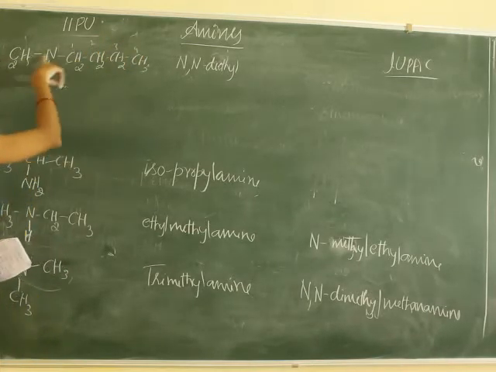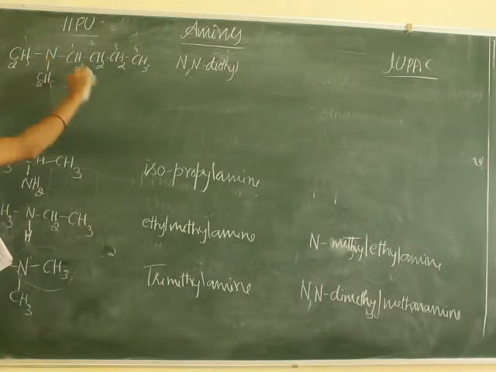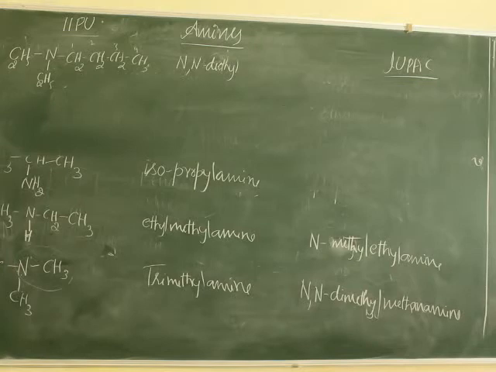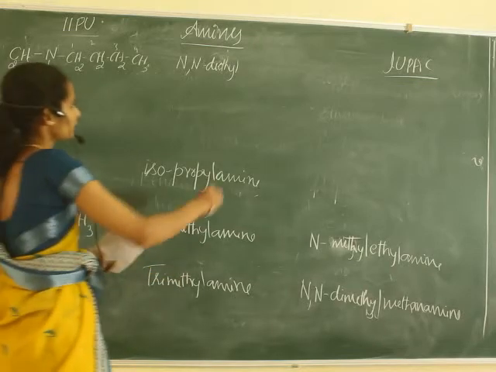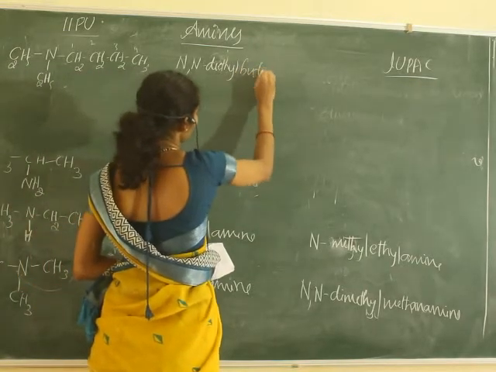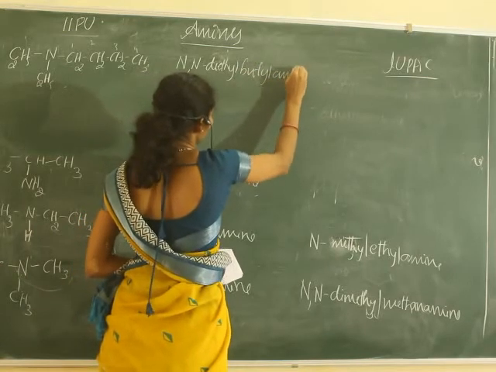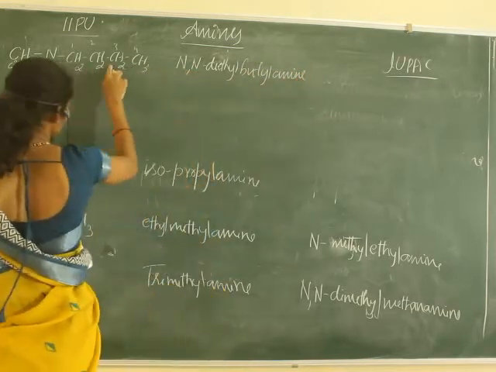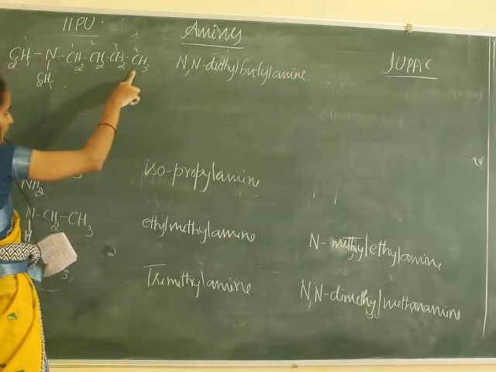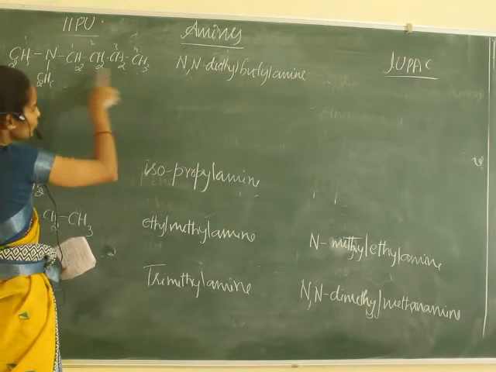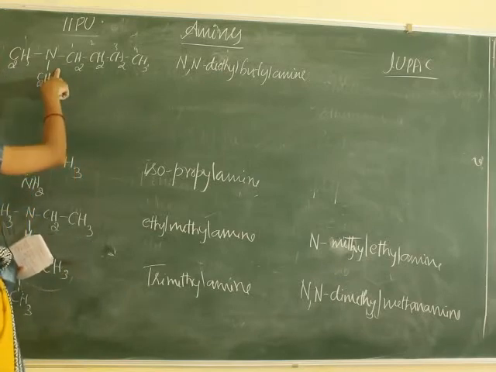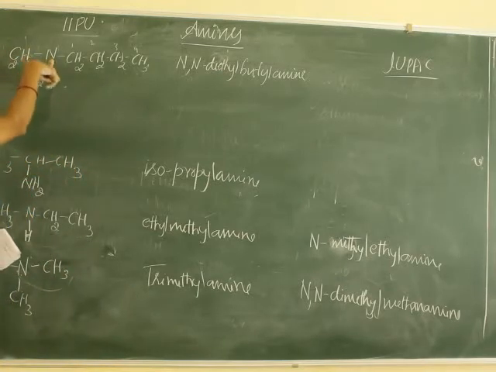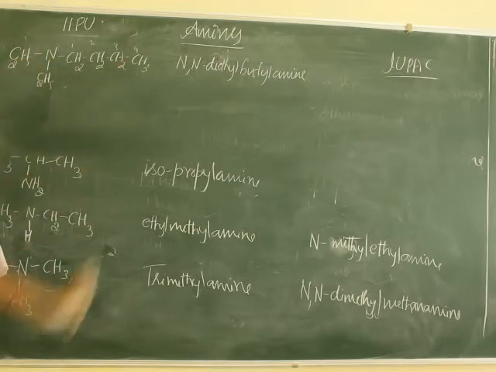If I consider, this must get the least number. Hence, it is butyl amine. N,N-diethyl butyl amine. Right? See, 1, 2, 3, 4 carbon atoms are there, hence it is a butyl group. Butyl amine. At N, 2 ethyl groups are attached. Hence, N,N-diethyl butyl amine is the common name of this compound.